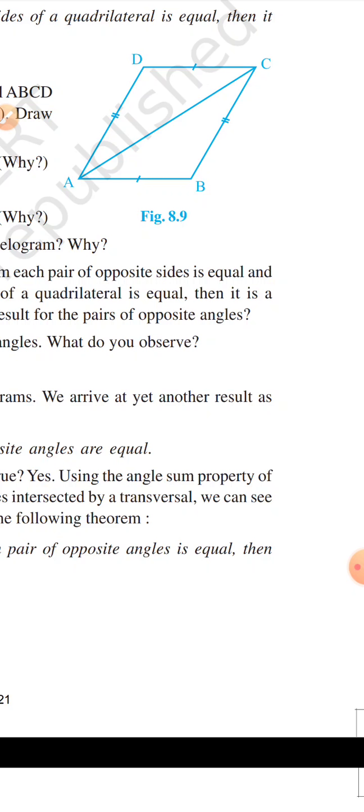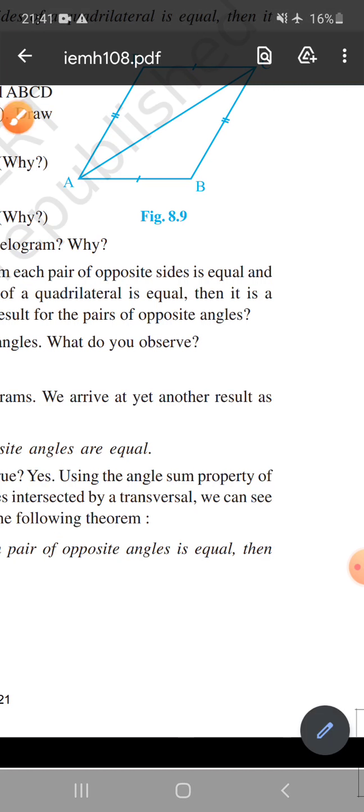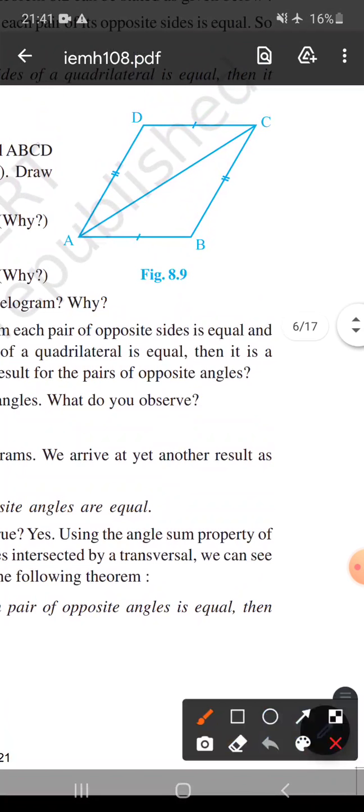Let us say that these two triangles are congruent, that is this one and this one, then we can say that angle B will be equal to angle D, right? First, this is proved by CPCT.